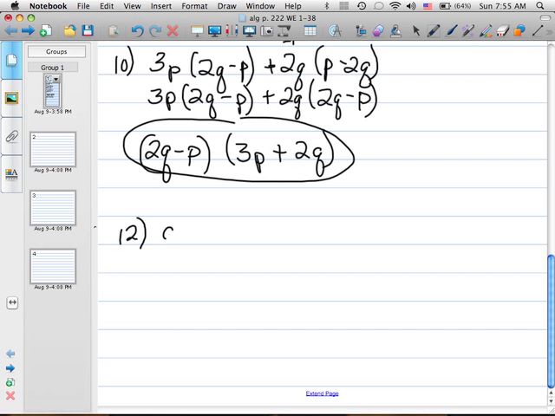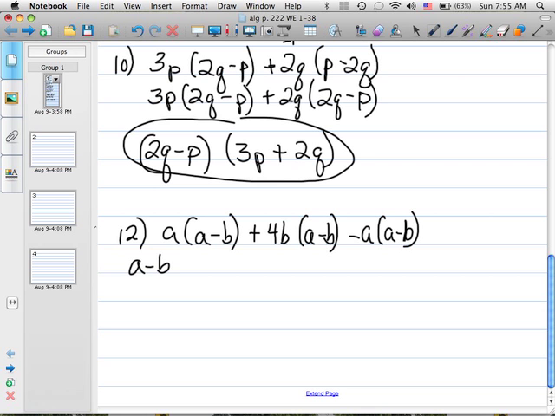Problem number 12, we have a times a minus b plus 4b times a minus b minus a times a minus b. So the a minus b was used 3 times. So pull it out. It was first used with the a, then with the 4b plus 4b, and then the minus a.